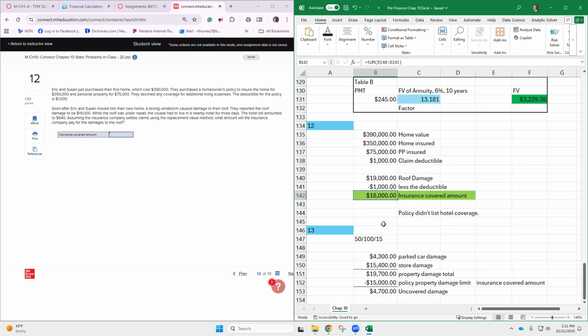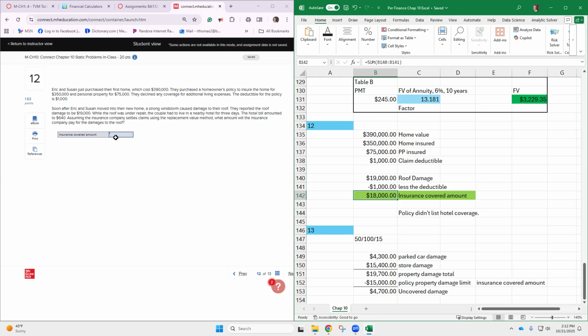It says, while the roof was under repair, the couple had to live in a nearby hotel for 3 days. The hotel bill amounted to $640. Assuming the insurance company settles claims using the replacement value method, what amount will the insurance company pay for the damages to the roof? Okay, so damages to the roof.